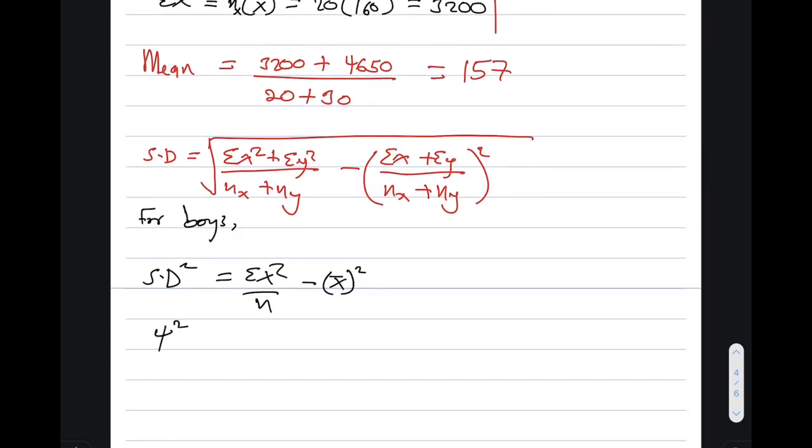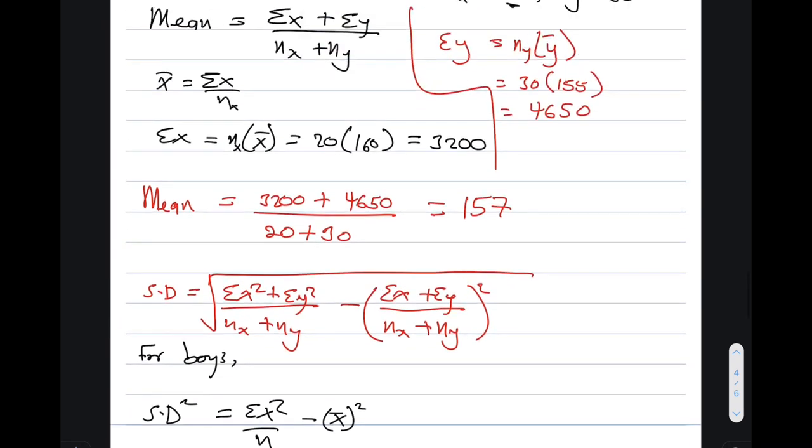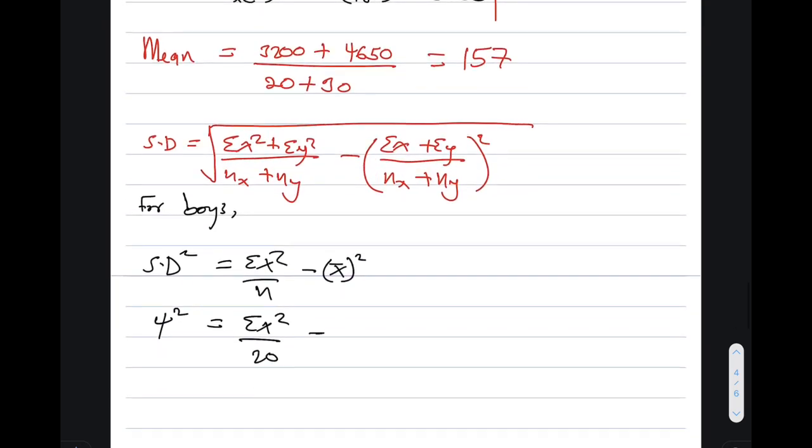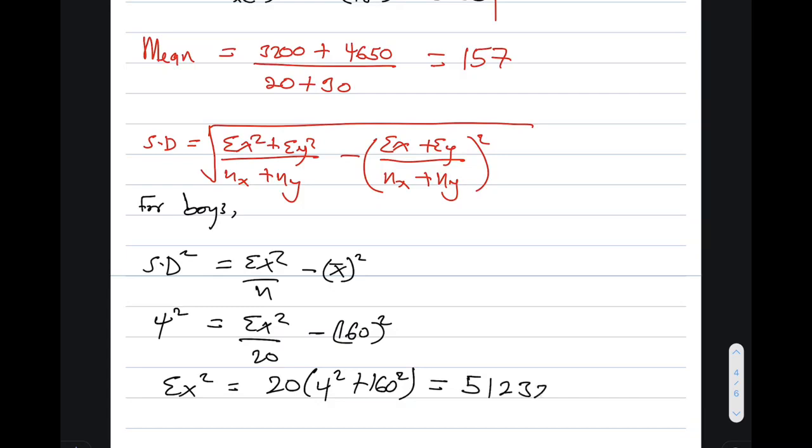Standard deviation is 4, n is 20, and the mean is 160. So if you make sigma x squared the subject, you are getting 20 into bracket 4 squared plus 160 squared, and this will give you 512320.